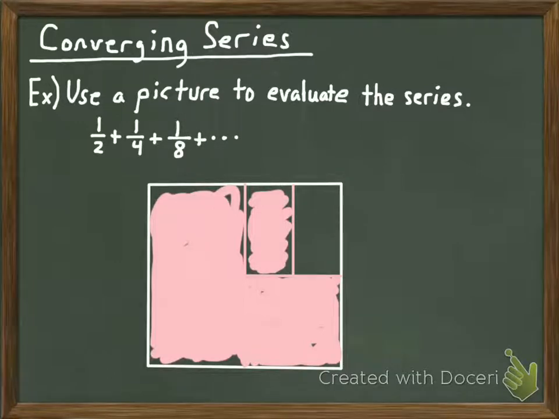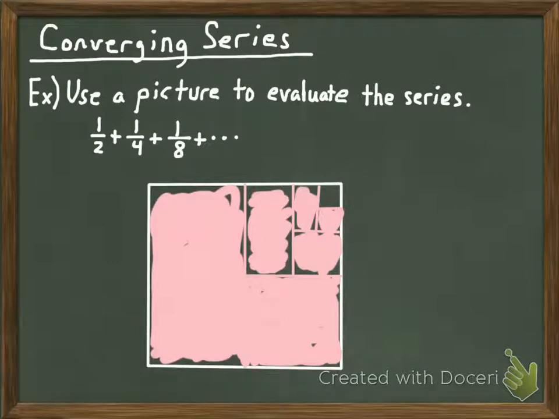I can divide this in half, shade, then 1/32 would be half of that, 1/64 would be half of that, and so forth. Now I hope you can tell that I keep adding a smaller and a smaller section every time, right?